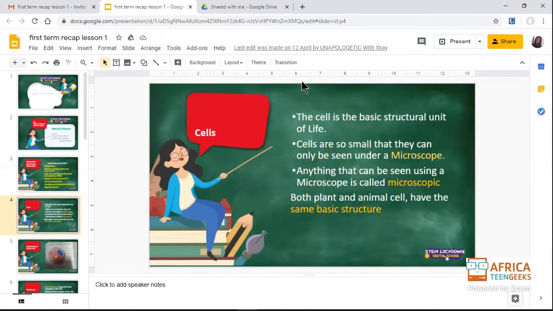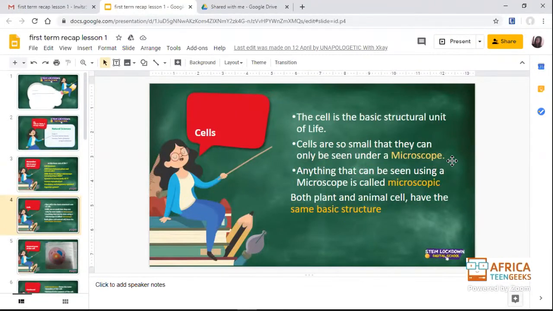All right, so under cells, you know that the cell is the basic structural unit of life. And they are so small that they can only be seen under a microscope. And remember, anything that can be seen using a microscope is called microscopic. So you guys can tell from this term, microscopic, they simply took that term from microscope.